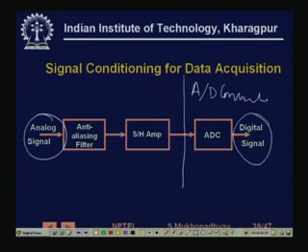But you need to sample the signal from time to time, and you also need to put a filter before the sample and hold amplifier. This is related to an effect called aliasing. So you need to put an anti-aliasing filter, which is simply a low pass filter whose cutoff frequency is related to the sampling frequency which you are using here.